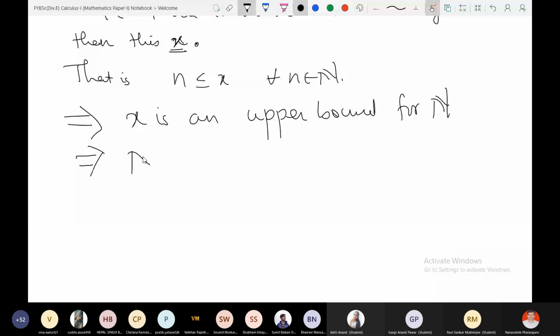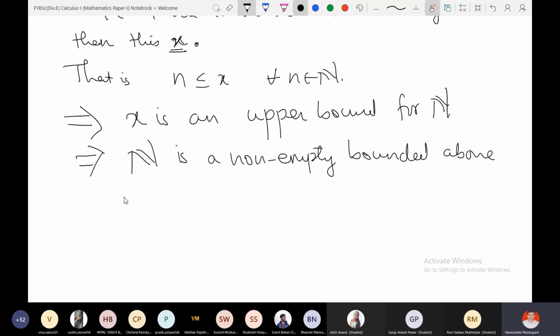Therefore N is a non-empty bounded above subset of R. Now you tell me what is my next statement.